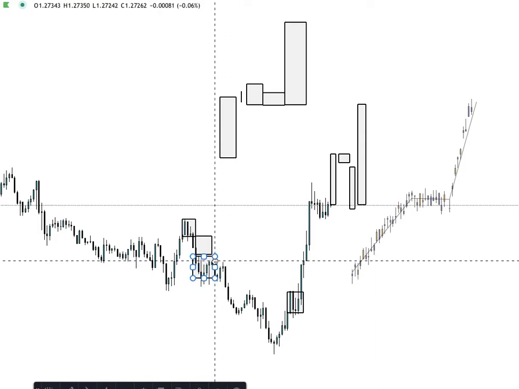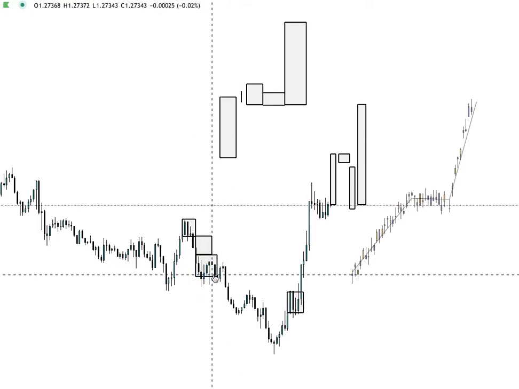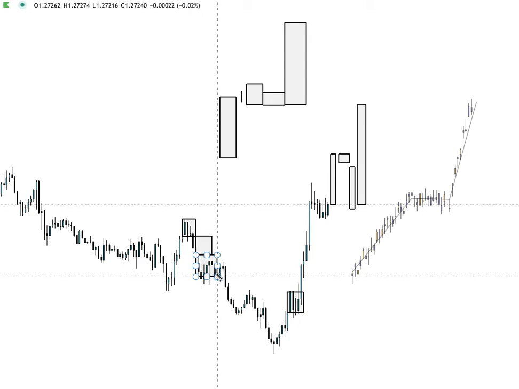So I would say this is two times, right? And now that you have an impulse away of at least two times the length of your base, you could feel more confident once the market retraces that the trade is going to work out, right?